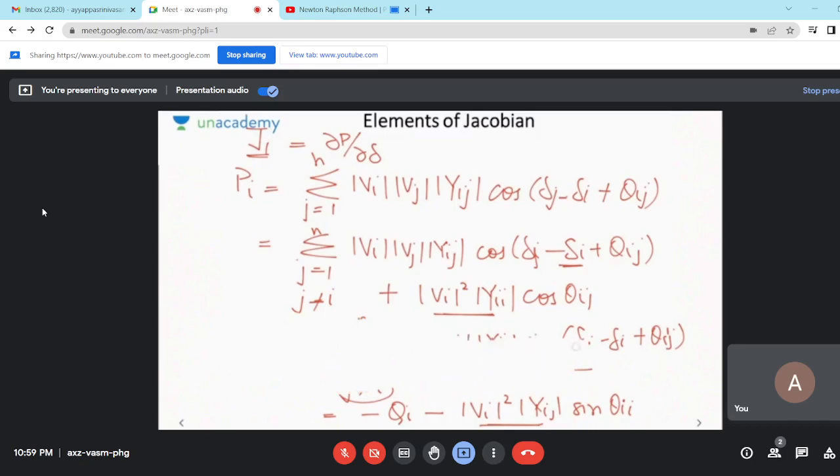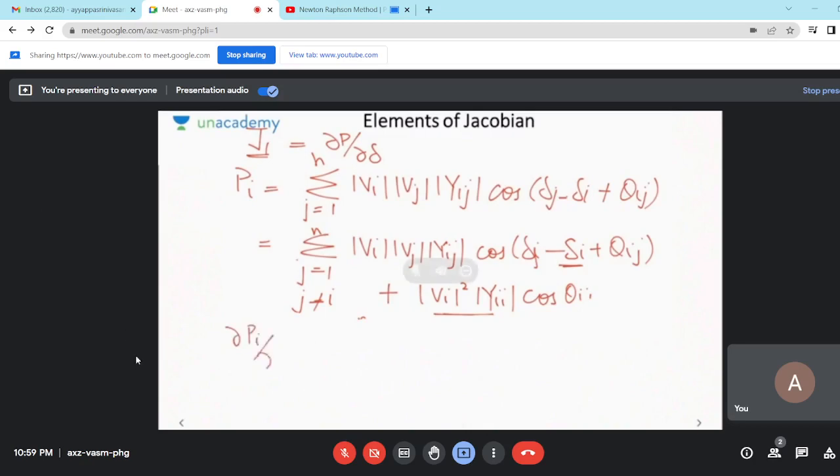If we wish to derive the non-diagonal element, that is del Pi by del delta j, then this summation will go away because we are differentiating for a particular value of delta j.